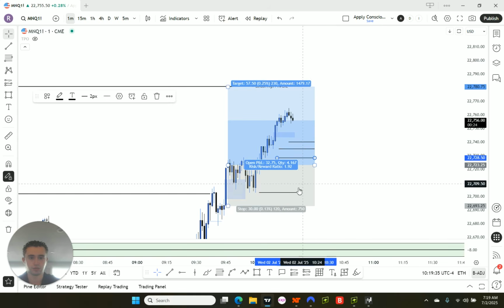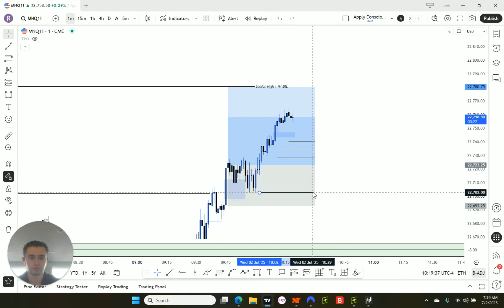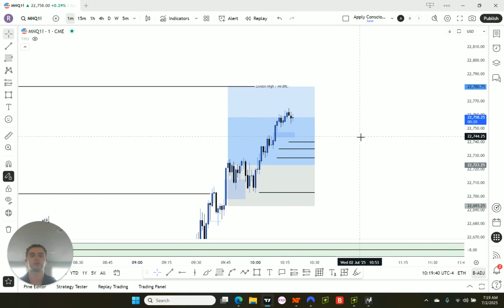Come on, NASDAQ. I still think, yeah, this fair value gap should be respected. I'd really not even like it to be traded into, but it won't just go straight to the take profit. Squeeze.